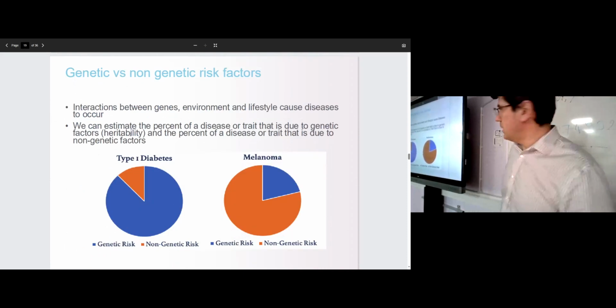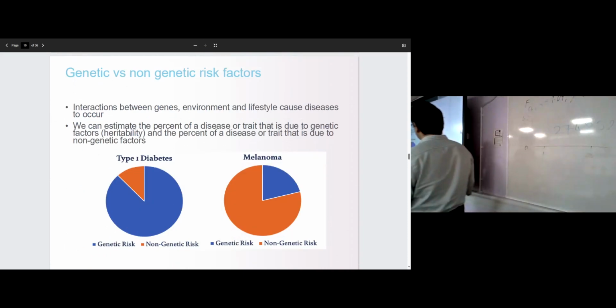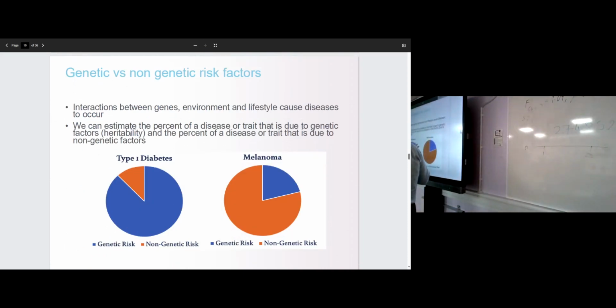So we have two complex diseases here at two opposite ends of the environmental spectrum in terms of influence. Type 1 diabetes is highly polymorphic, highly polygenic, but the genetic risk is much greater than the contribution from environmental factors.